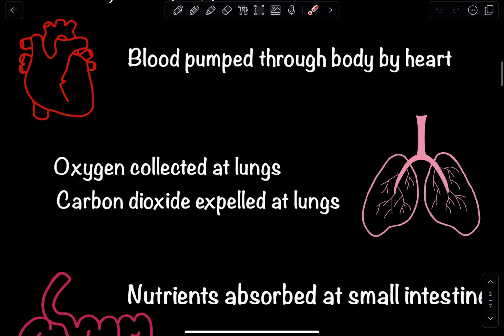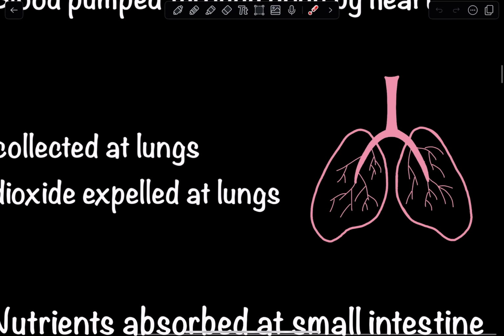Now, I just mentioned that the heart receives deoxygenated blood and sends it off to the lungs. So at the lungs, we have special structures, which we'll get into more detail later, but what essentially happens is that at the lungs, carbon dioxide is going to be exhaled out and oxygen is inhaled in.